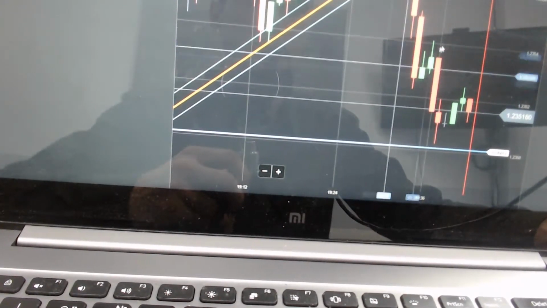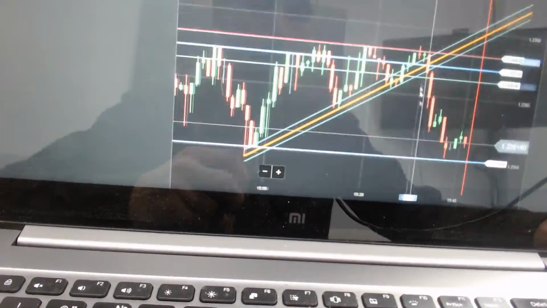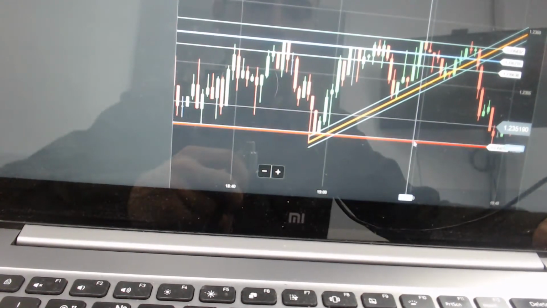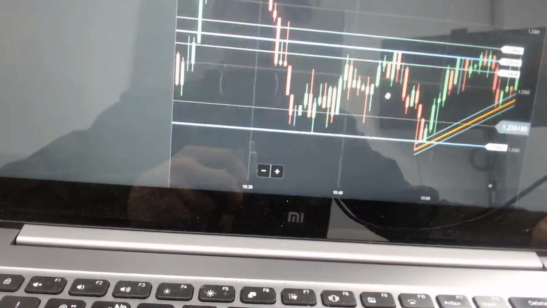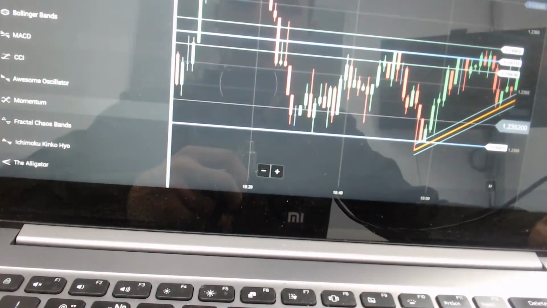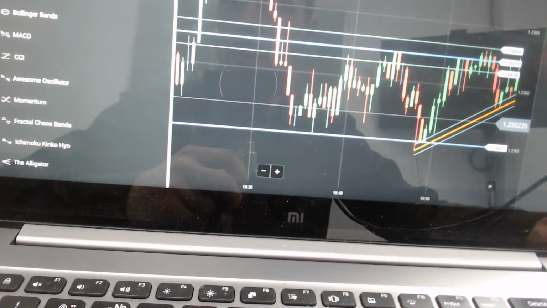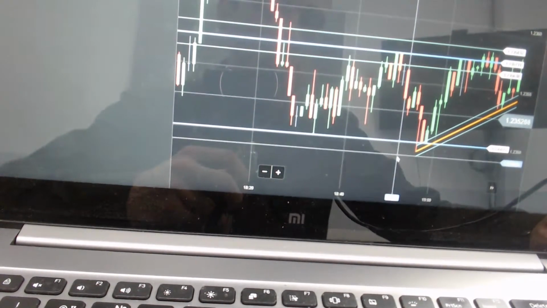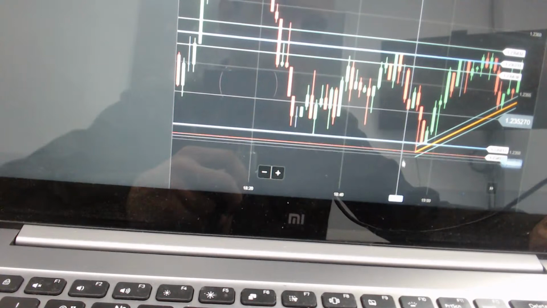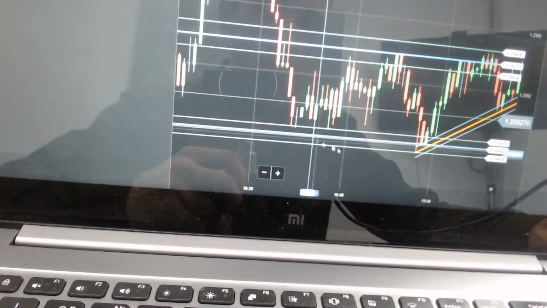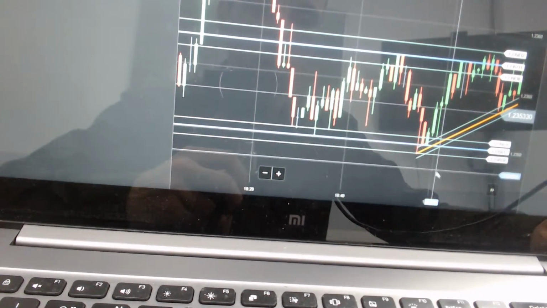And now we are still in the flat zone. The same thing is with the support horizontal line. It is not just a line, it has some kind of zone, a little bit lower and a little bit upper, and until the price is in this zone, the flat is not ended.